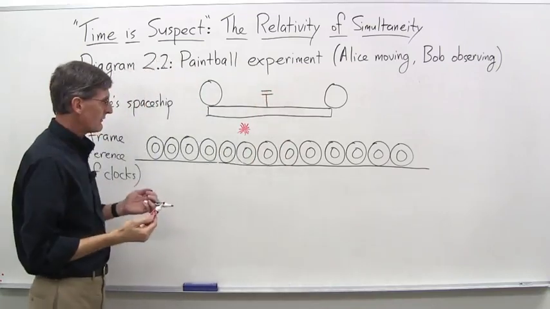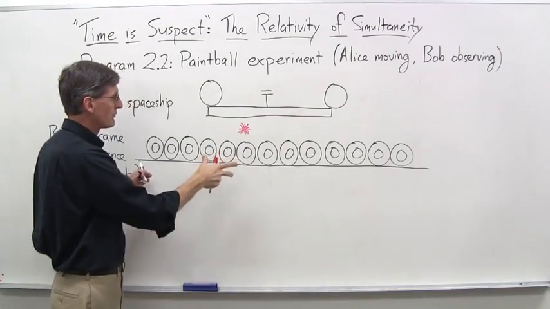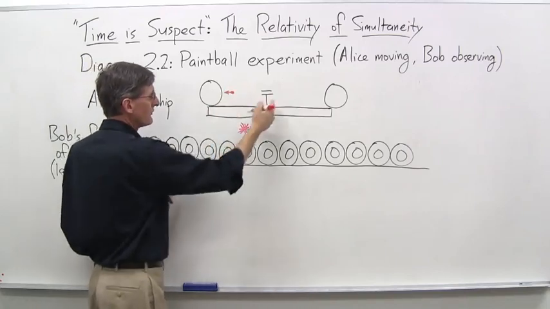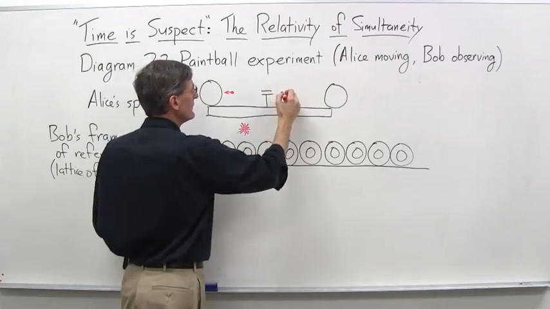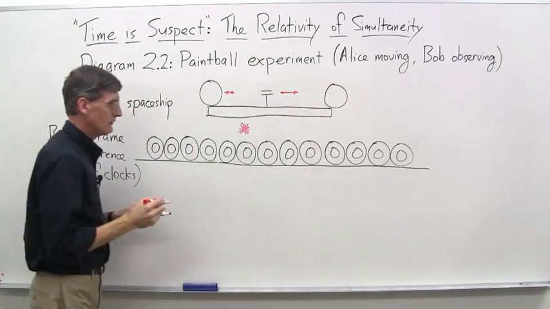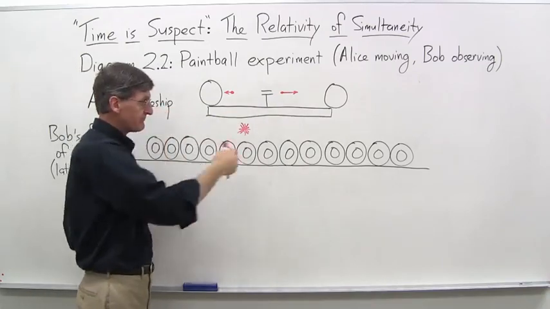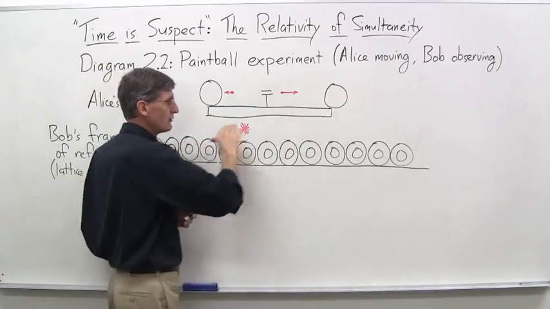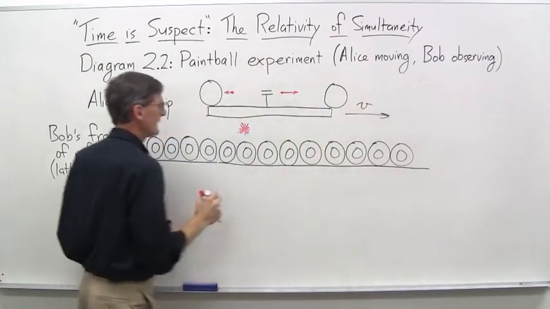And the actual paintballs, remember, this is the position they were shot at. If we're observing from Bob's perspective, this paintball is going to be traveling that way. And this paintball over here is also going to be traveling that way, someplace in between. Once the paintballs leave that apparatus, this end of Alice's spaceship is traveling away from it, with velocity v in that direction.